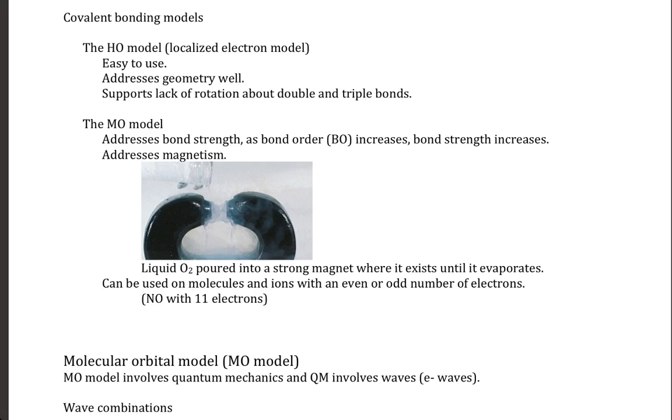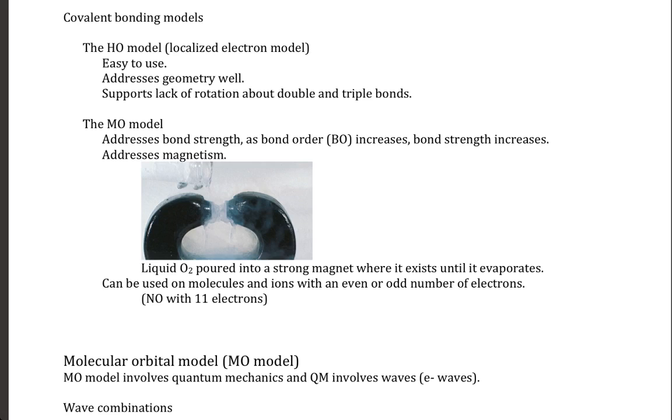It might not feel like it to you now, but for us chemists, it's easy to use. It addresses geometry well. It supports the lack of rotation about the double and, if there were, triple bonds. So whenever there's more than a sigma bond, that is a double or triple bond, those atoms cannot rotate relative to each other.